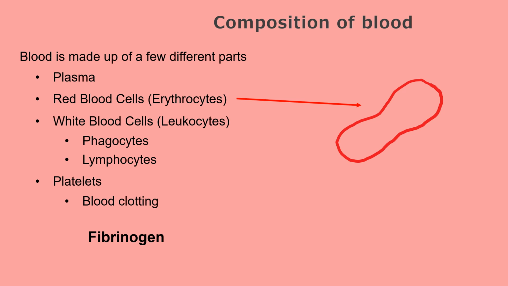Now this is a globular protein and it's soluble, but when activated it will be converted to fibrin, a fibrous protein which is insoluble, and the fibrin forms the mesh that forms the clot, and this captures proteins, red blood cells, white blood cells, and all the other things that make up the solid part of our clot, but allows the plasma to go through.